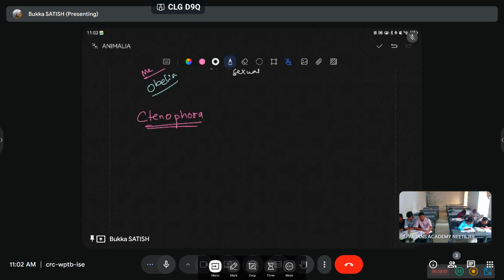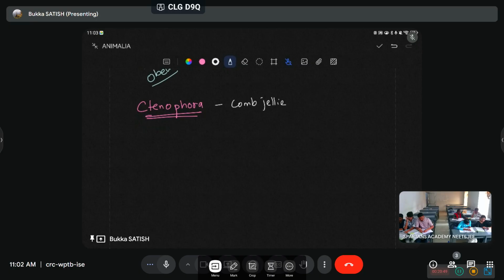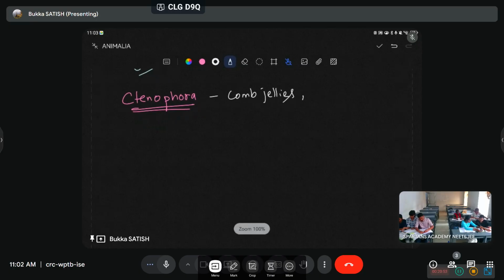Okay, the next one, Ctenophora. Now we'll see why that name has come. So basically, in this, the common name is comb jellies. Comb jellies, also called sea walnuts.